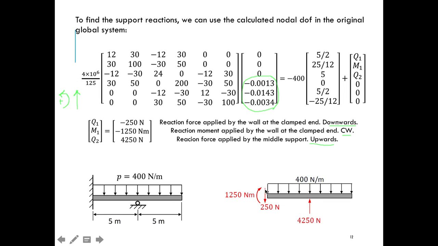So Q1 was downwards and M1 was clockwise. That's what those minuses are representing. So basically we've managed to find everything that we needed. We now know the deflection and the rotation at all of the nodes, and we know the reaction forces which are being applied by the support. Okay, so that's basically it.